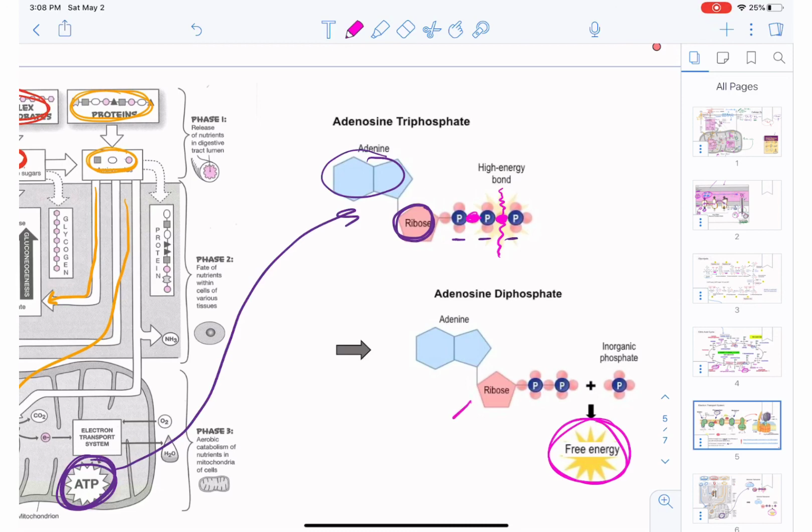What are we left with? We're left with ADP and a free inorganic phosphate, which are going to be linked back together by the ATP synthase molecule to form ATP again. Full circle.